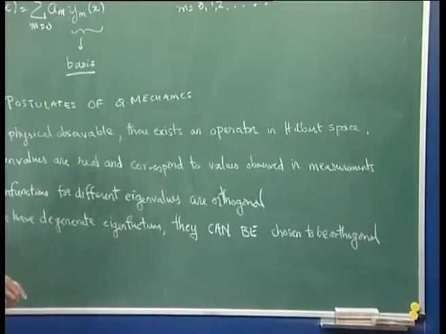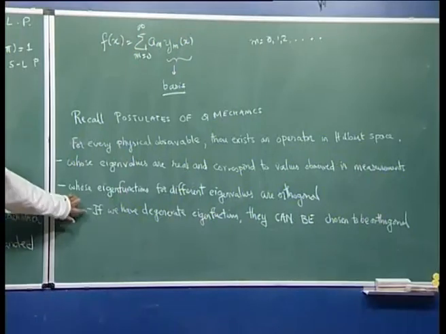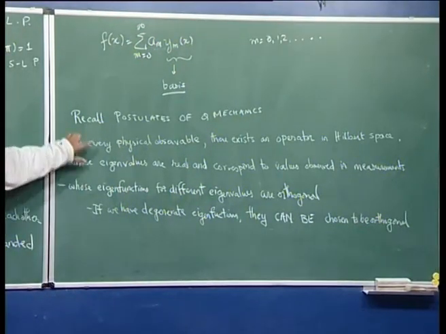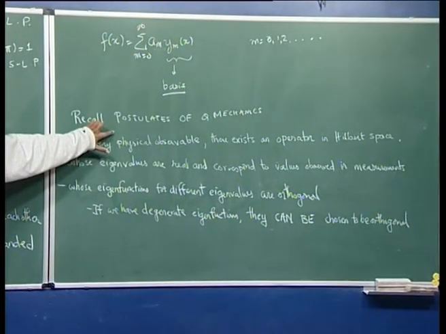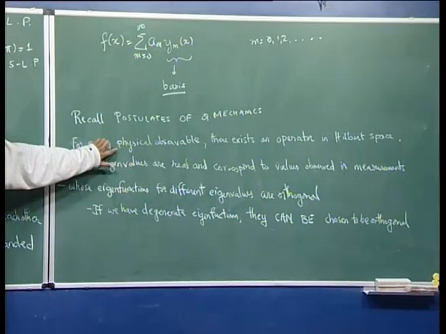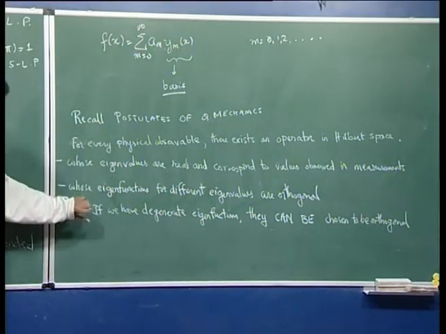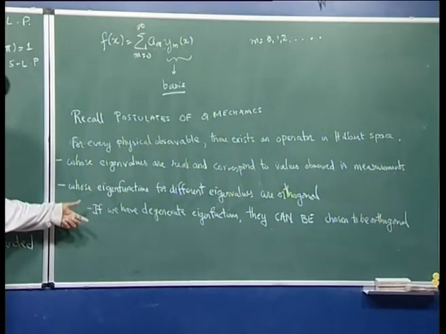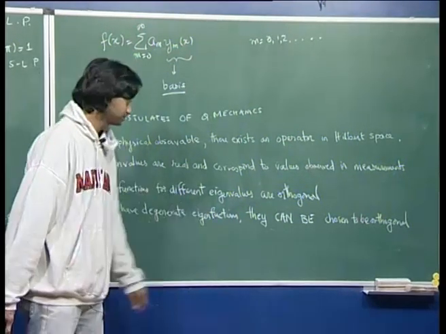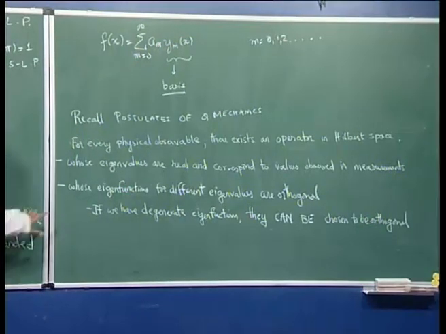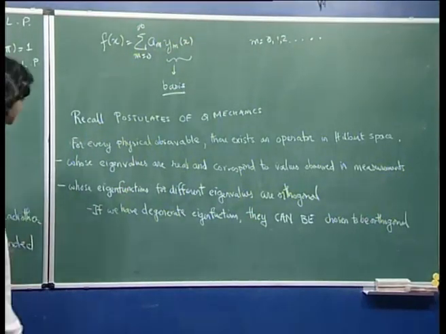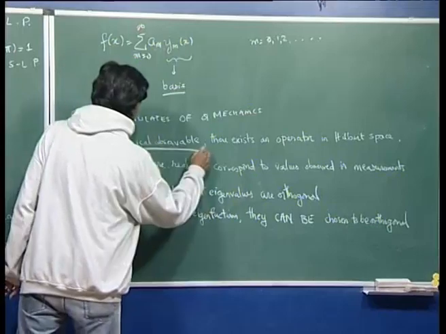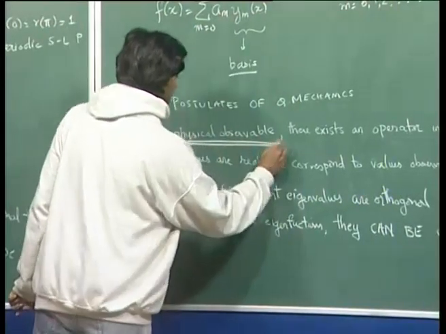Now, this is a very powerful statement. It says that if I take any physical observable and see that it has degenerate eigenvalues, I can choose the eigenfunctions to be orthogonal. This is true for each and every physical observable.